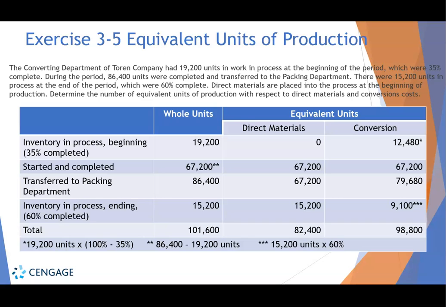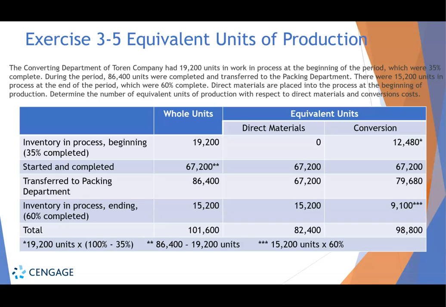The amount that was started and completed, the 67,200, came in and was completed in full, direct materials and conversion. 86,400 were transferred to packaging. So those costs, of what was added during the month, 67,200 total gallons, or whatever the units are.